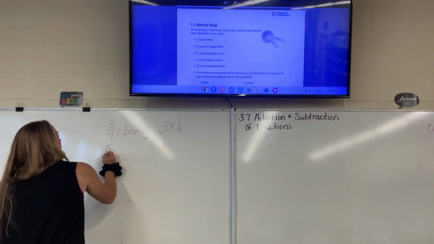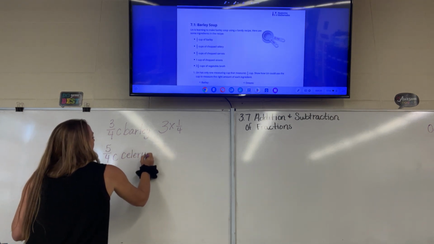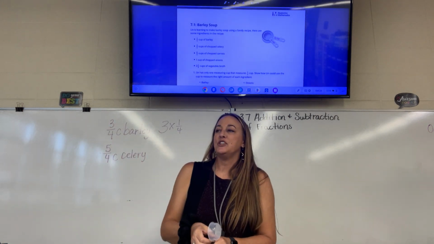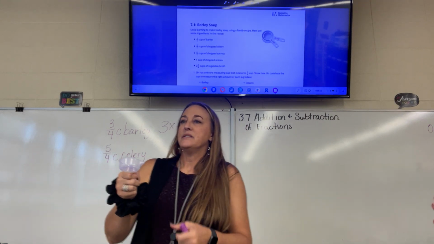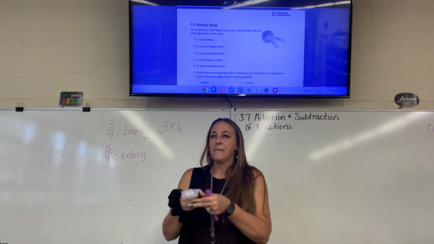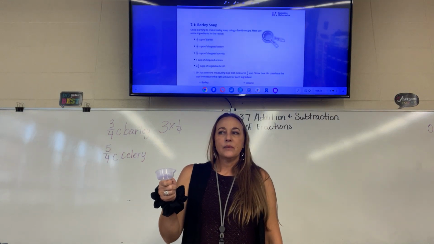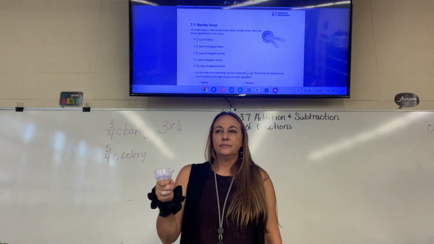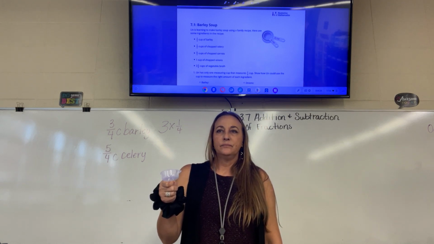In order to make 5/4 cup of celery, how many times will I have to use my 1/4 cup? Devin, to get to 5/4. 2 times? No. Emma? 3 times? No. Colton? 5 times.